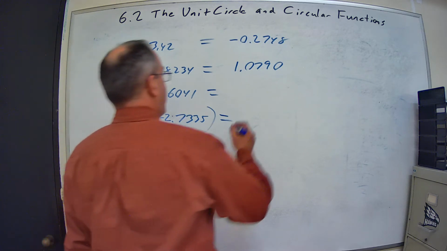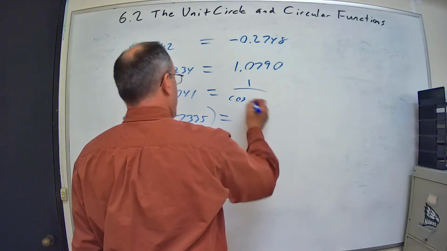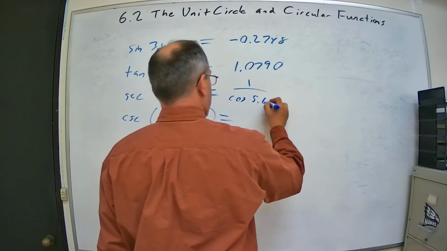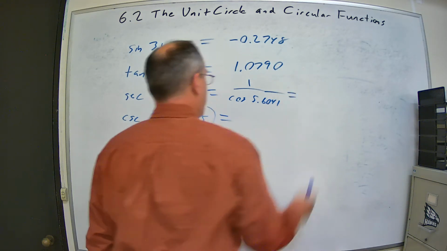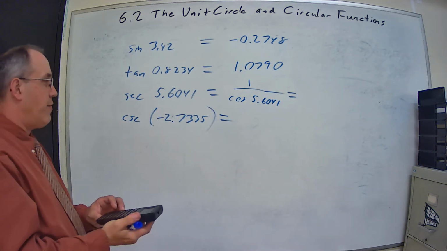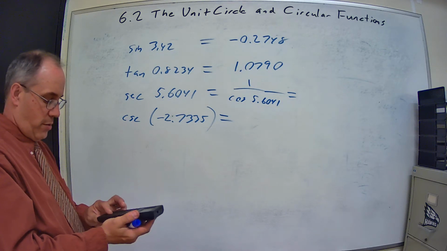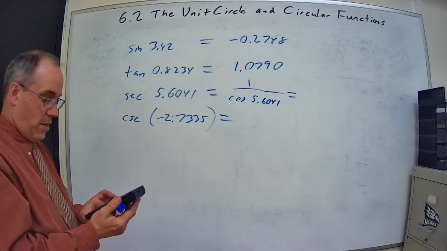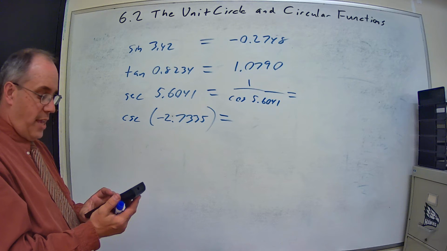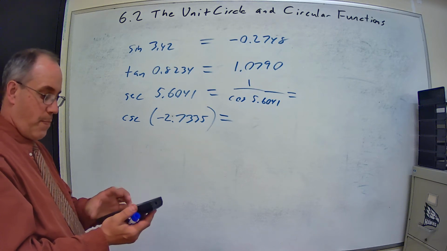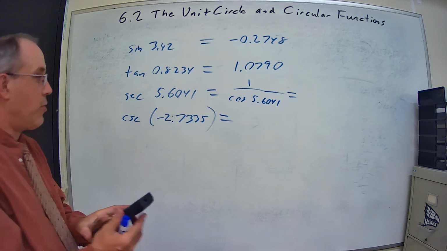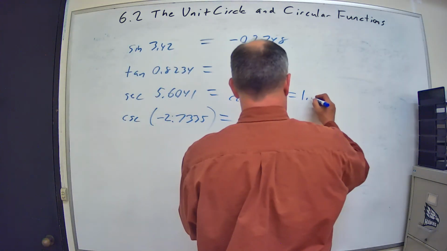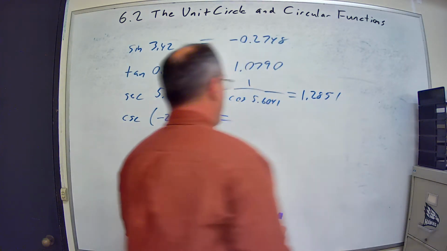So I can say that is equal to 1 over cosine of 5.6041. So the cosine of 5.6041 is 0.778147, etc. And if I take the reciprocal of that, I get 1.2851 approximately.